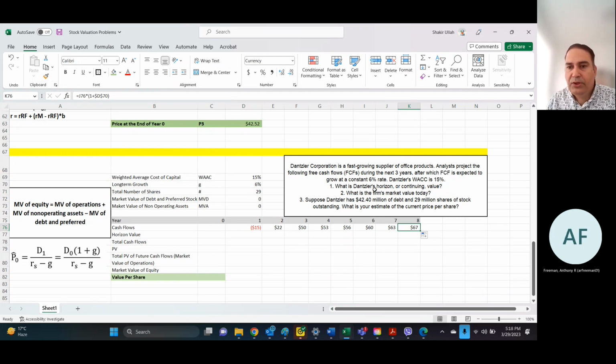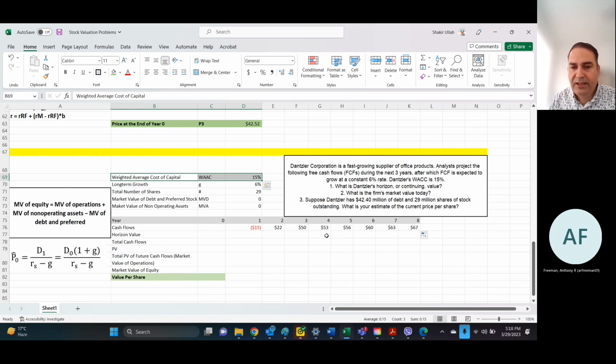All right. So the WACC for this company, weighted average cost of capital, is 15%. So I have noted that down. WACC is 15%. There are three questions that we need to answer. What is this company's horizon value or continuing value?